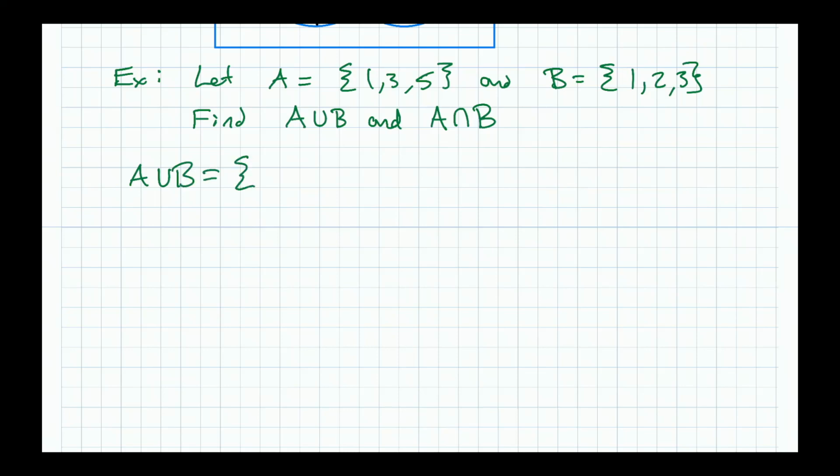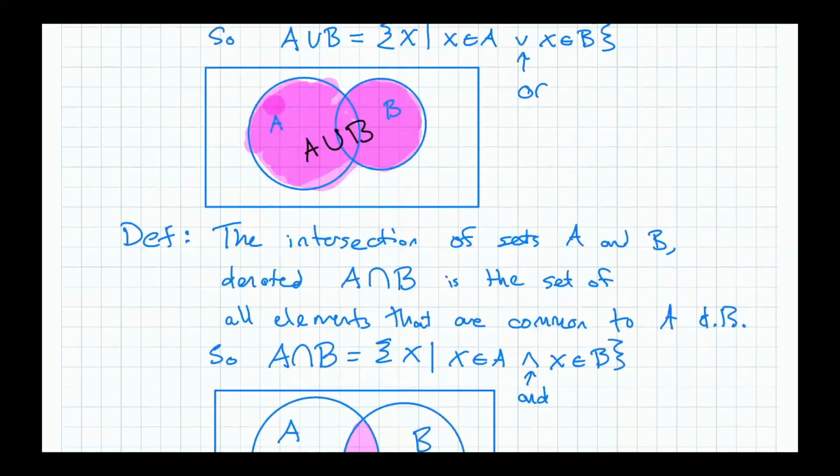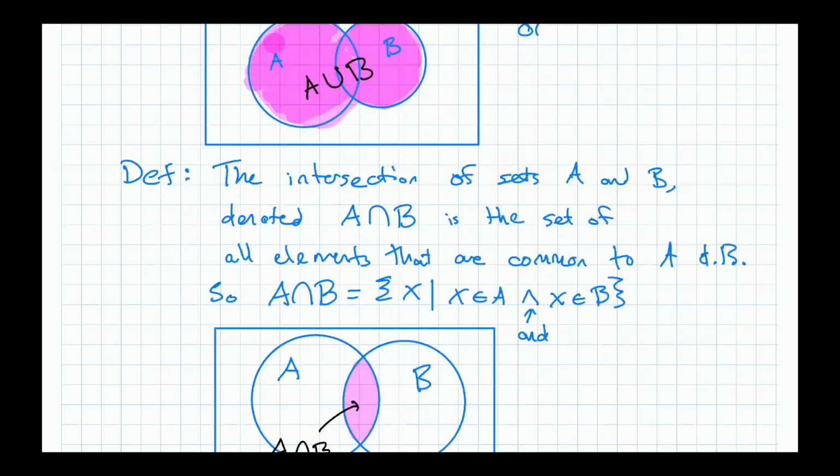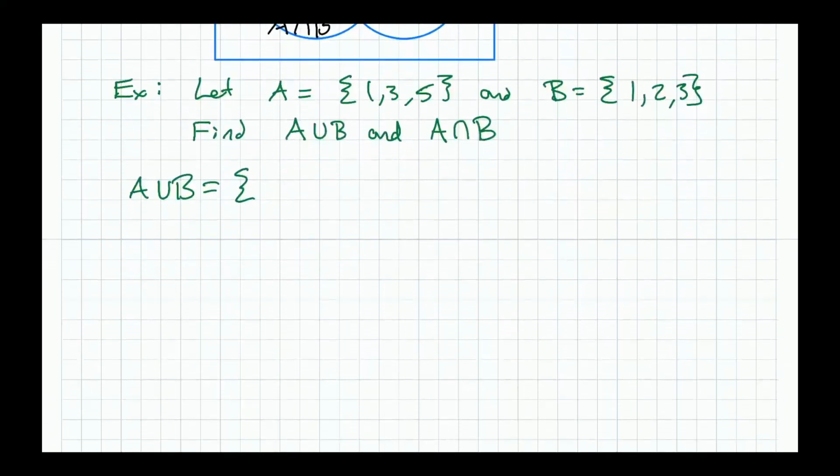The union is everything that's in A and everything that's in B. So just write out all of the elements and make sure you don't leave anything out.